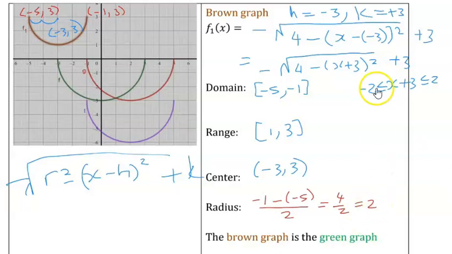So now I must subtract 3 everywhere, so I get minus 5 less than or equal to x less than or equal to minus 1. And that is exactly the same as we had in the square brackets, minus 5 to minus 1. So we can write it as the set of all x's such that x is like that.